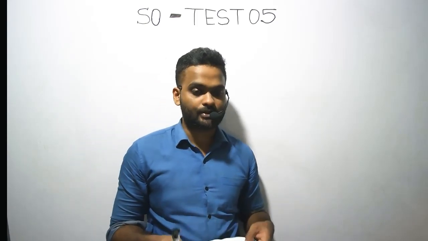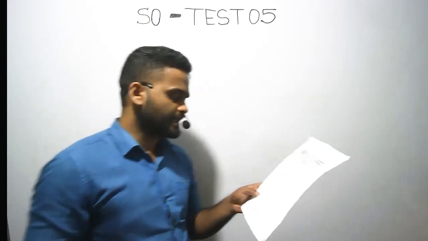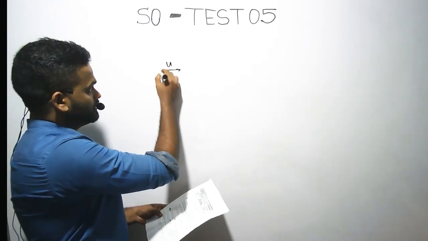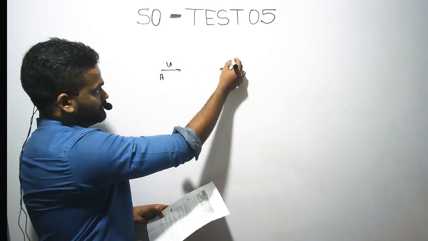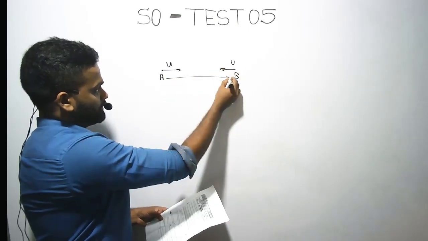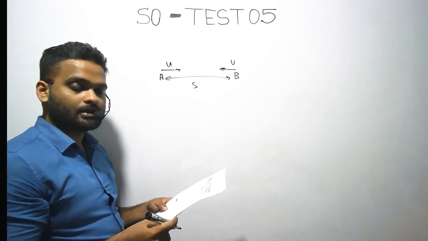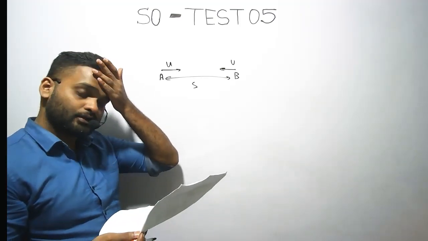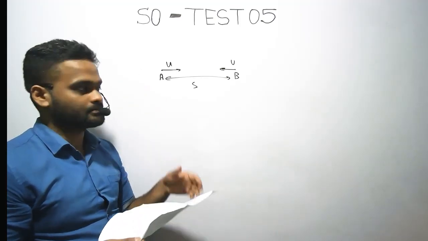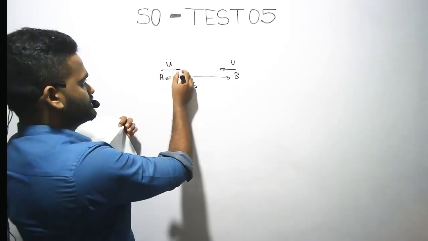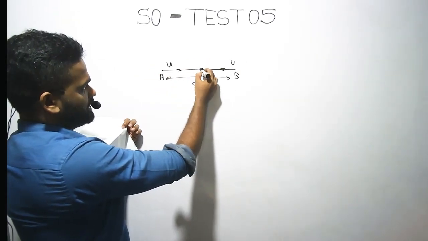Then the sixth question: two objects A and B moving towards each other, and their gap is S. The distance from A to their meeting point is asked. You know when they are moving face to face, they would meet somewhere here.